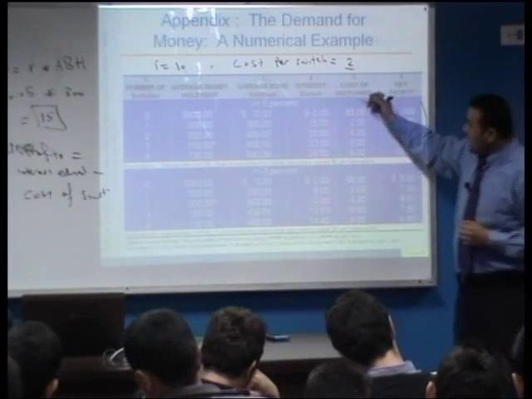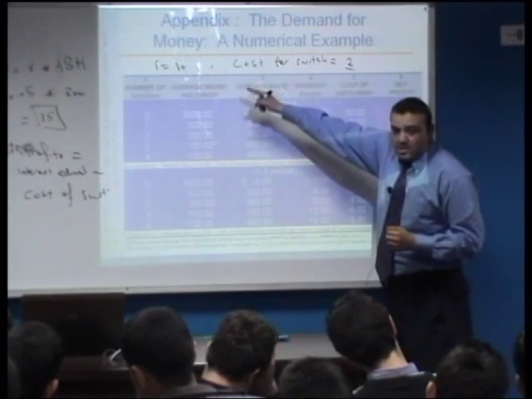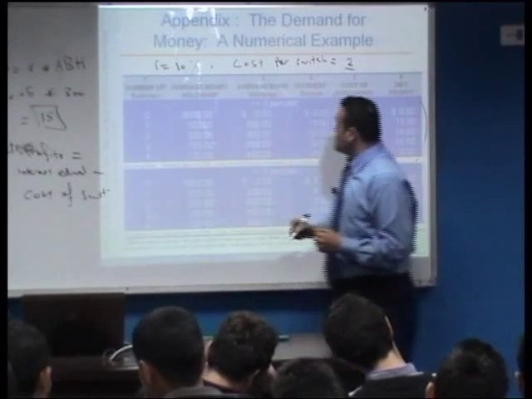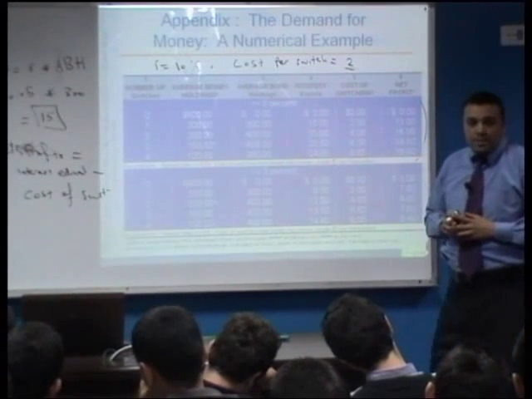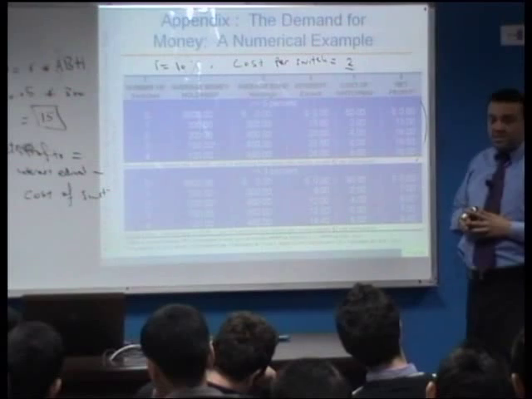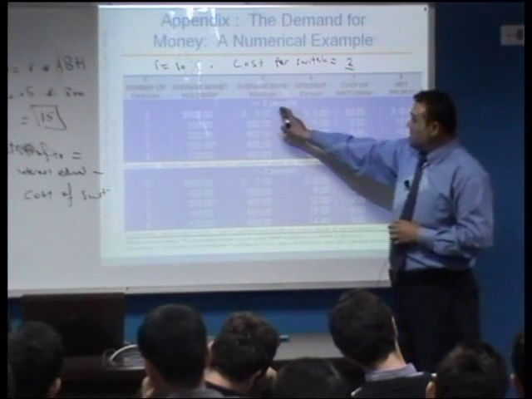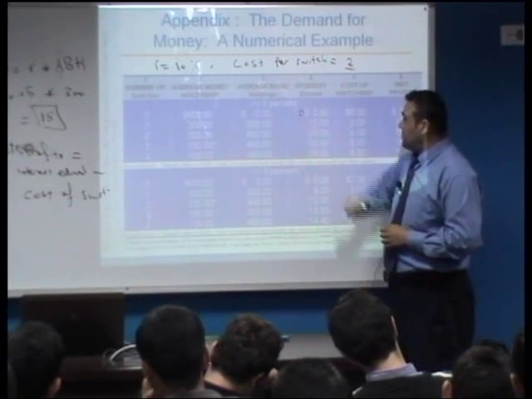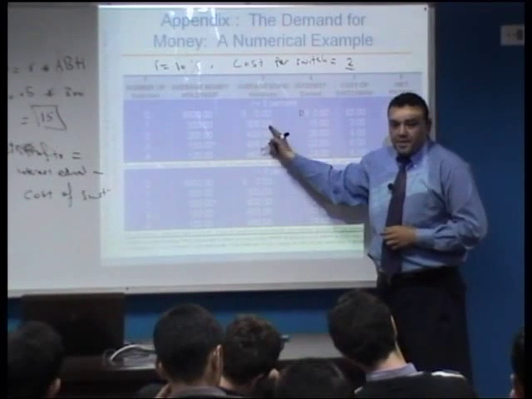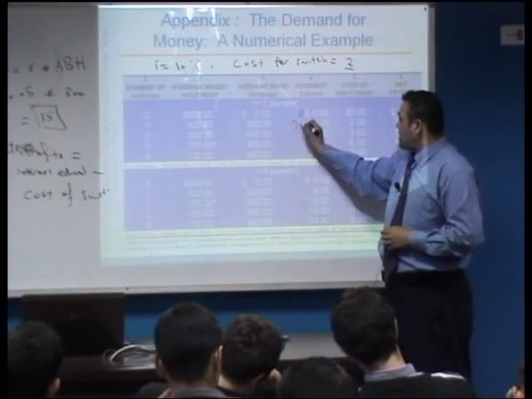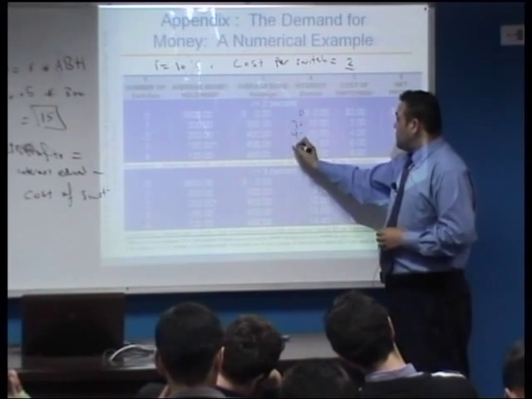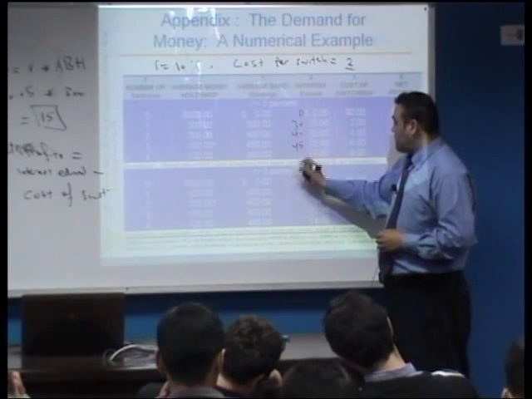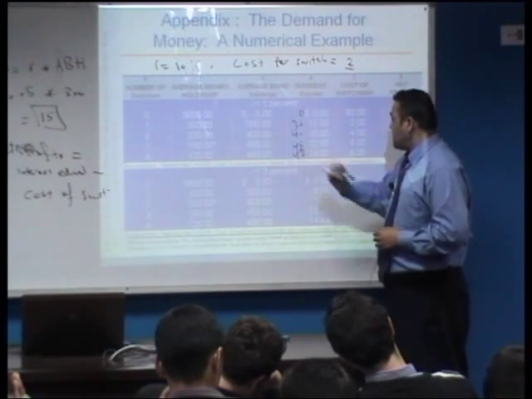Our assumption is that the new interest rate is 10%. So let's write the new values of interest earned. For the first case, 0, the same. Then 300 times 10%, 30, 40, 45, 48.